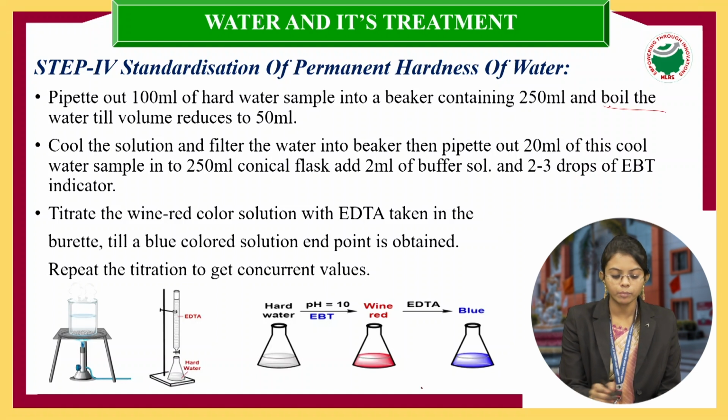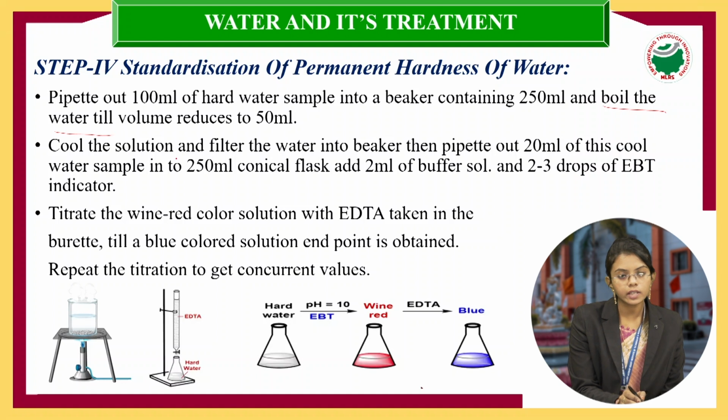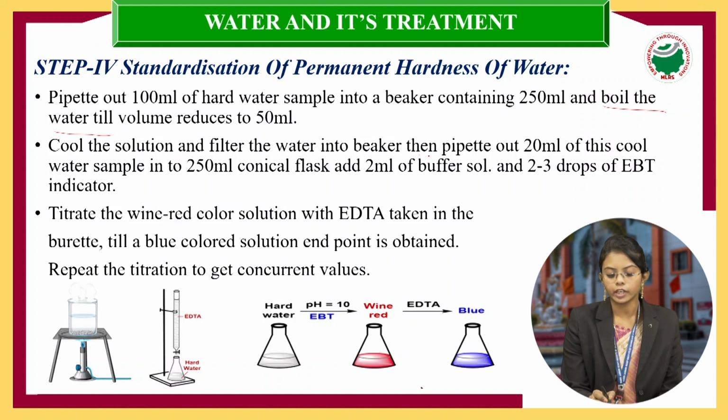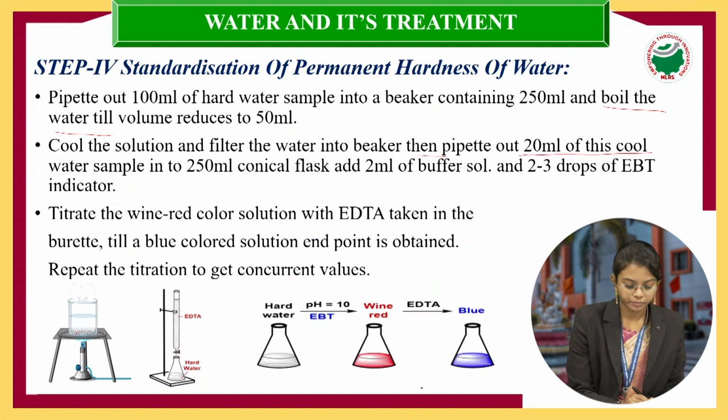Now you have to take that boiled water, cool the solution, and filter the water into a beaker. From that beaker, pipette out 20 ml of water. So the boiled water, you are going to cool it. Now pipette out 20 ml of hard water plus EBT indicator and also the buffer solution.